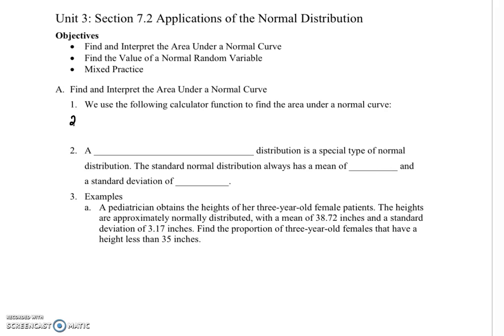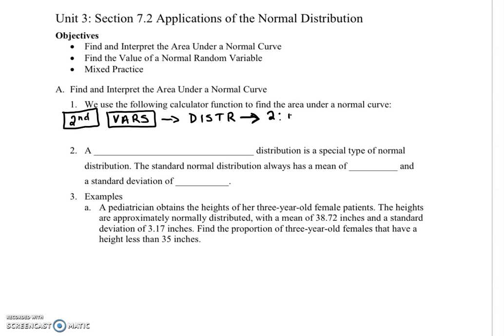We hit the second key, then we hit the vars key, then we go to the distribution menu. Actually it's not an arrow over because it's the menu that comes up, sorry.